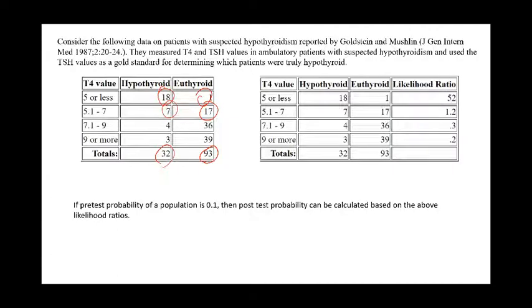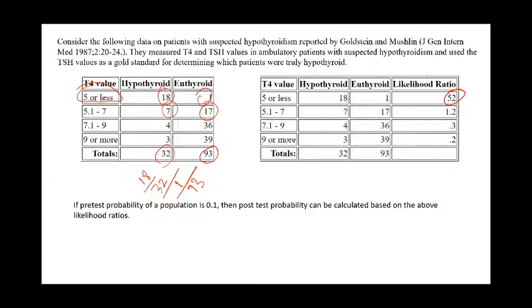For example, if a positive test is taken as 5 or less, then the likelihood ratio would be 18 by 32 divided by 1 by 93. So that's where we'll get a likelihood ratio of 52.